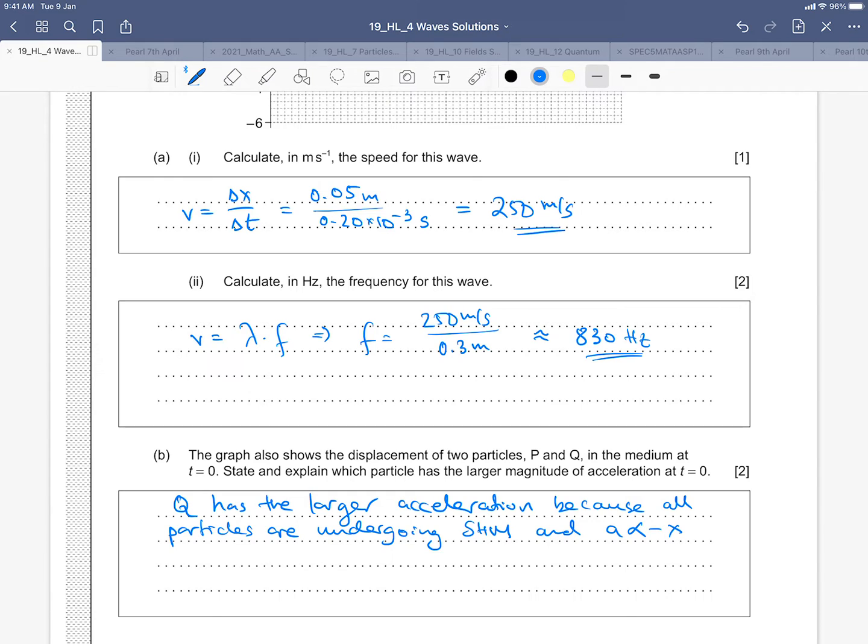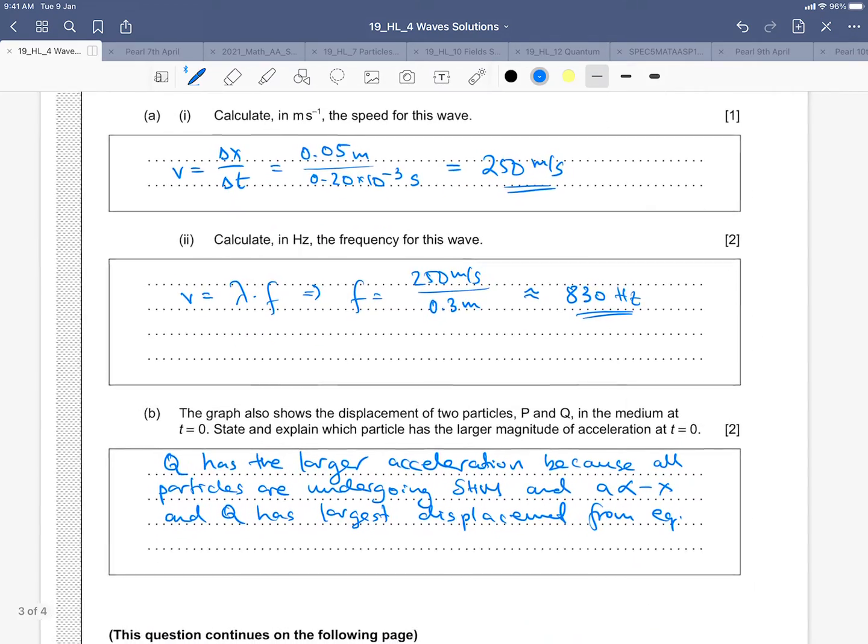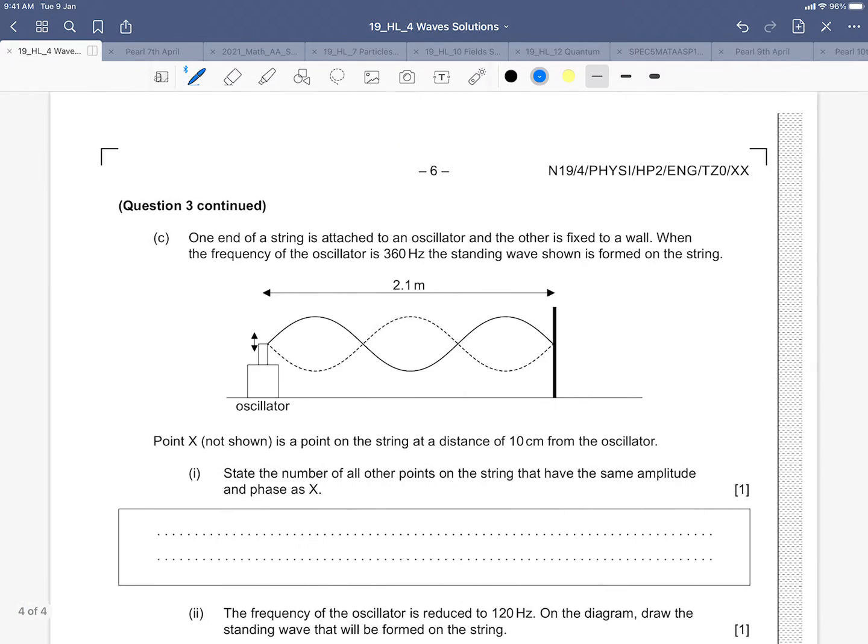Acceleration is largest when we have the largest displacement, and Q has the largest displacement from equilibrium. P is actually at the equilibrium, so P has 0 acceleration.